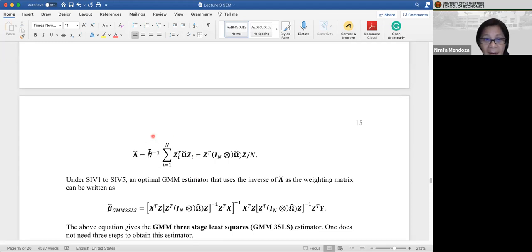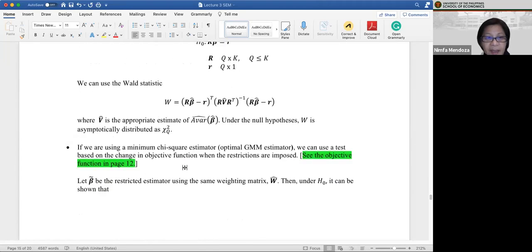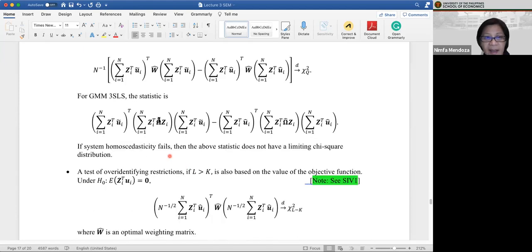This part is just equal to this: the sum of C sub i transpose omega hat C sub i, where omega hat is the estimate of the variance covariance matrix of the U sub i's, the disturbances. So you get this expression here. Somehow this n minus 1 would cancel with the n minus 1 here.